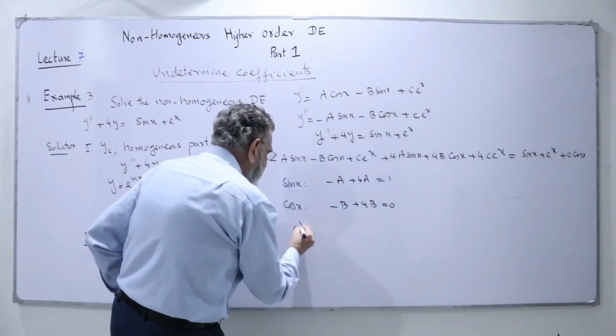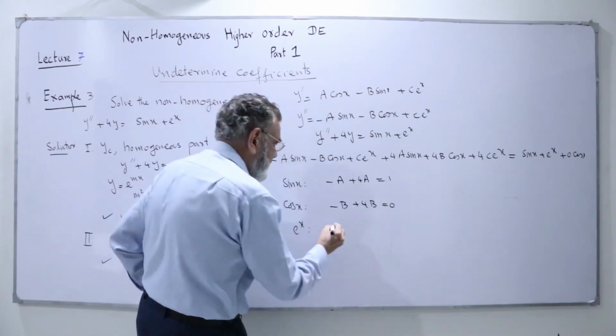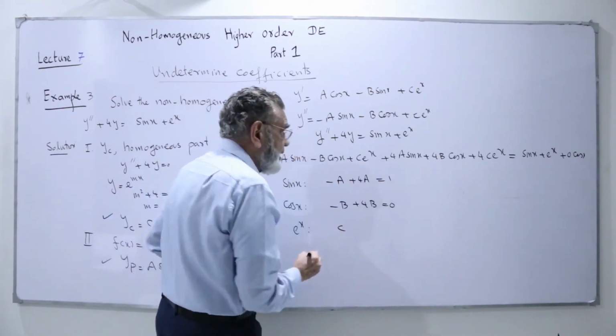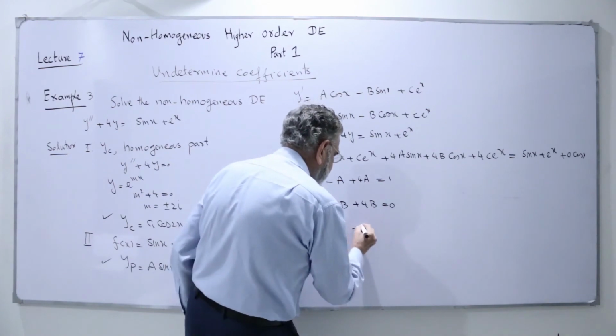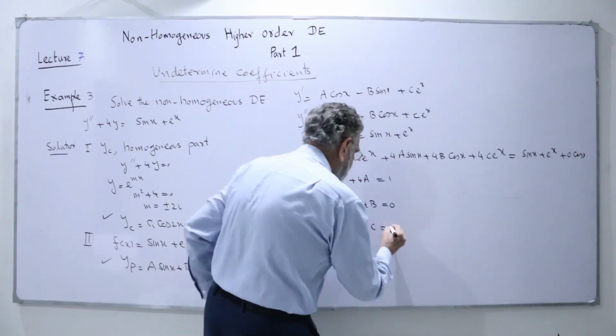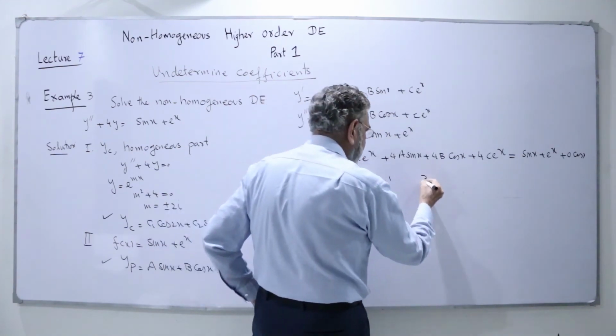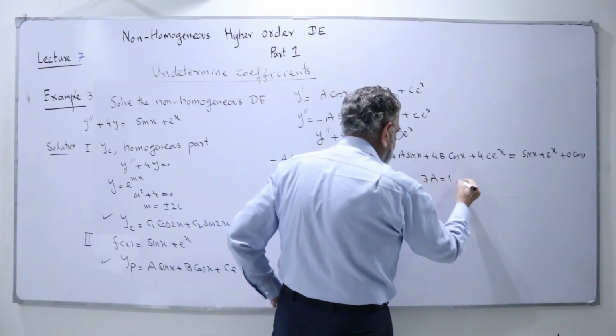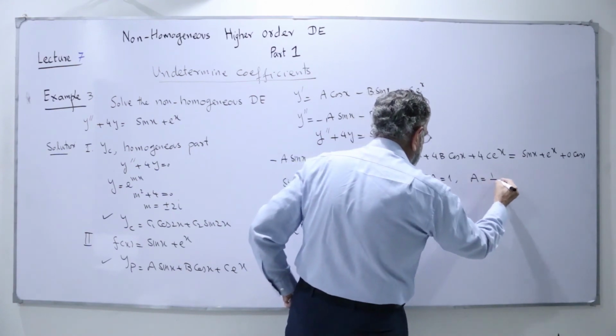Then we take e to power x, comparing the coefficients of both sides: c plus 4c is equal to 1. Here we get 3a is equal to 1, and a is equal to 1 over 3.